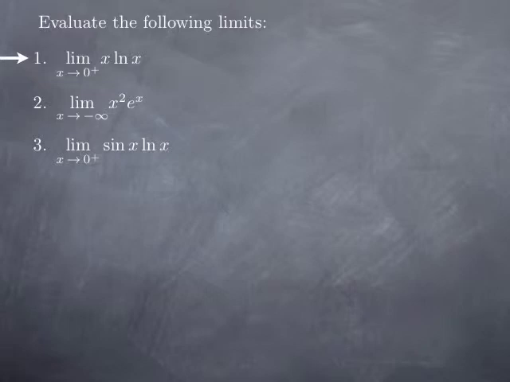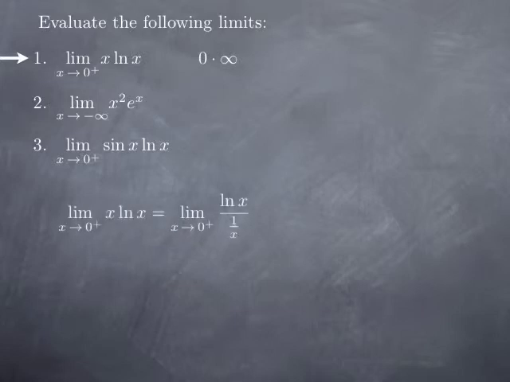Let's say, for instance, we want to find the limit as x is approaching 0 from the right of x multiplied by ln of x. x is approaching 0, ln of x at 0 from the right is approaching negative infinity, so we have an indeterminate form of the type 0 times infinity. But we can rewrite the product x times ln of x as ln of x divided by 1 over x.